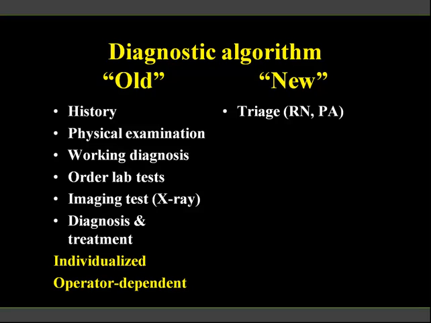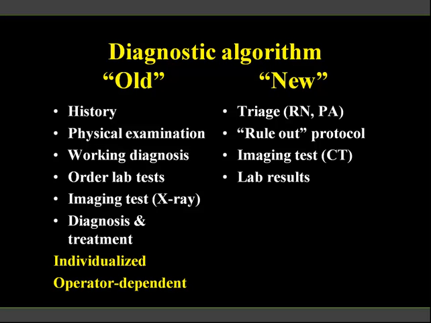More recently, in emergency room settings, triage is often performed by nurses and physician assistants. So it's not necessarily a good development, but it is the way that things are done nowadays. The patient then enters a rule-out protocol. An imaging test is typically performed, which used to be, up till 5 or 10 years ago, a CT scan.